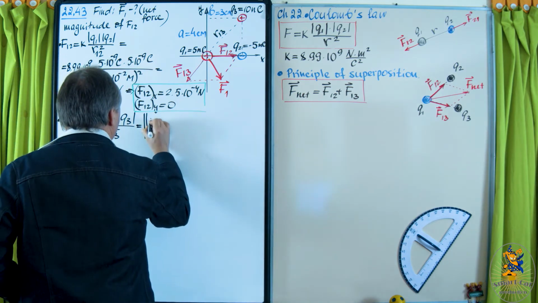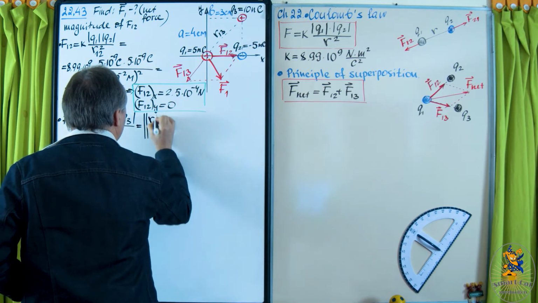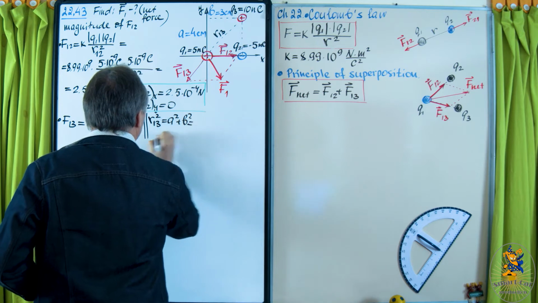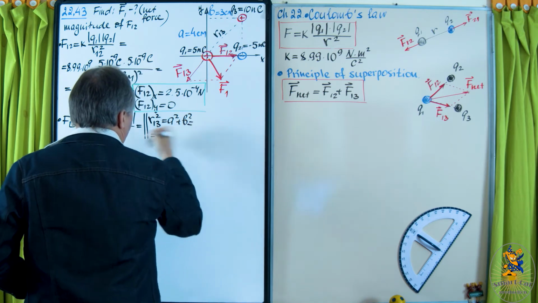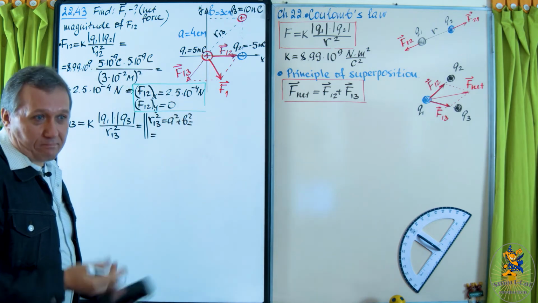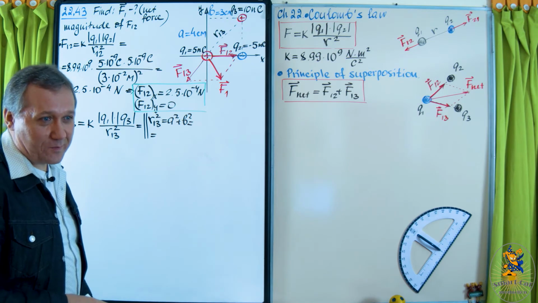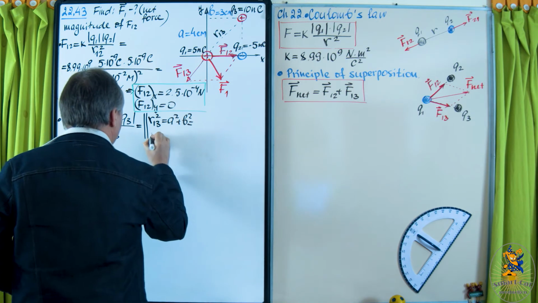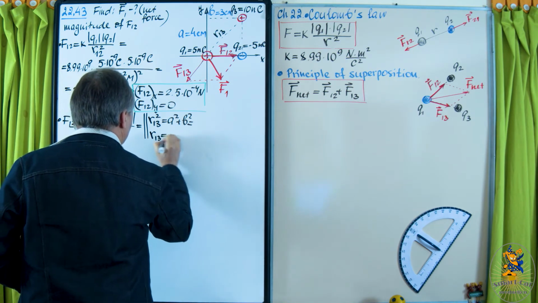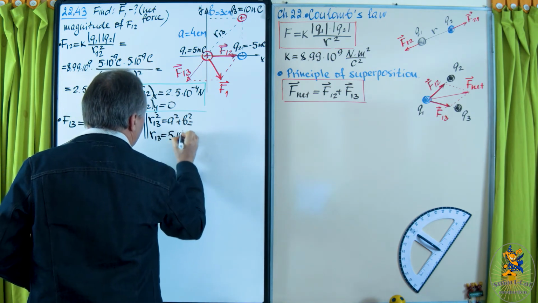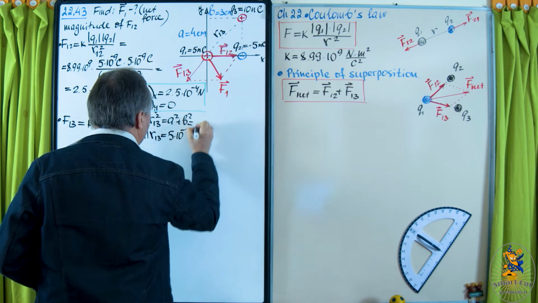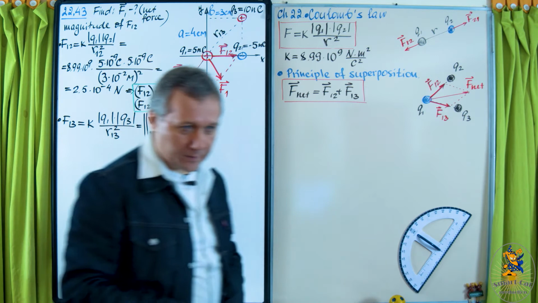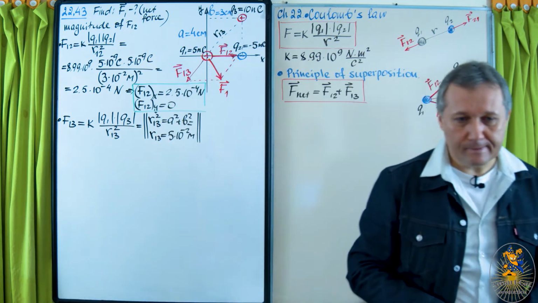Okay, so R13 squared equals a squared plus b squared. And of course, it will be 5 centimeters. Maybe I will write R13 as 5 times 10 to the power of -2 meters, because I will convert immediately to meters, since we will need meters.